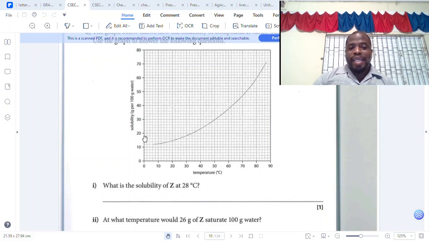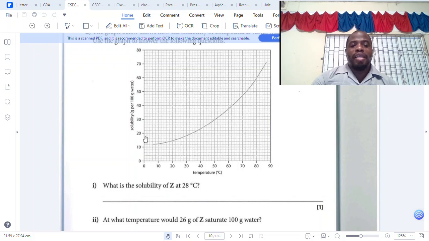Follow. For ease, when you're in an exam or you're doing a test, use your ruler to get accurate, because sometimes the lines can be a bit tricky. So you're trying to follow, place your ruler to get the line straight, and then you bring it across to the y-axis.